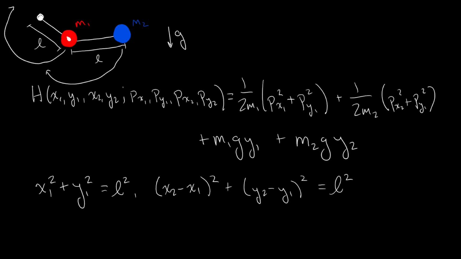So, how many degrees of freedom do we have? Well, we have two particles in 2 dimensions. So on the surface, it seems like we have 4. But remember, we also have 2 constraint equations.